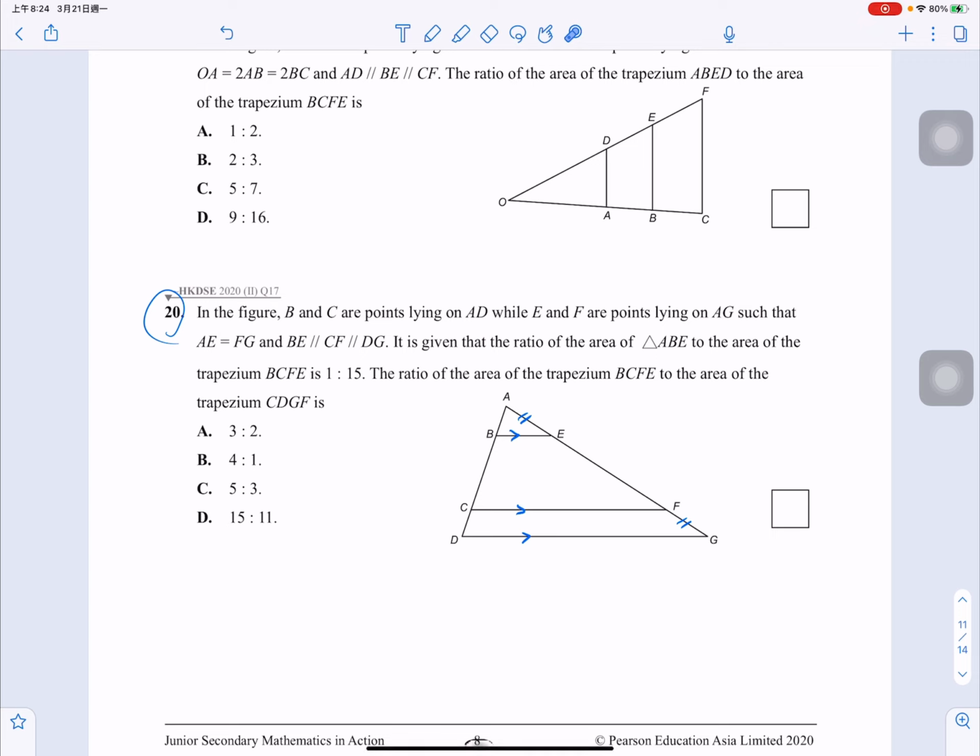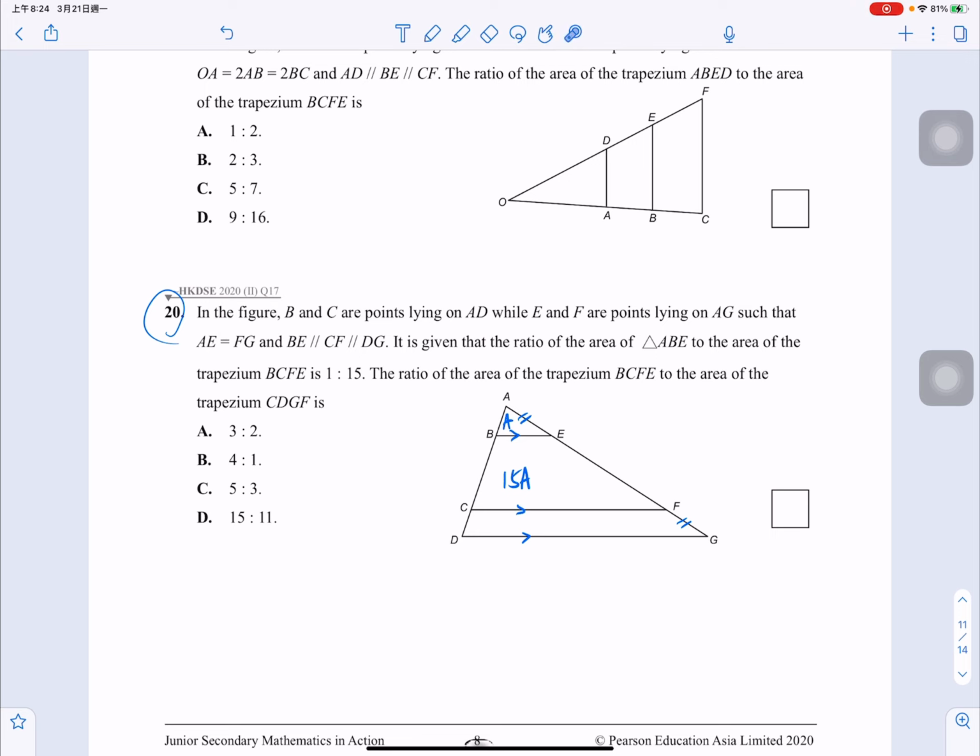How to find it? How to solve it? Do you know how many similar triangles there are here? If you know the similar triangles, then you can make use of this ratio. Now you know this one is 1 to 15. That means if here is A, here is 15A.